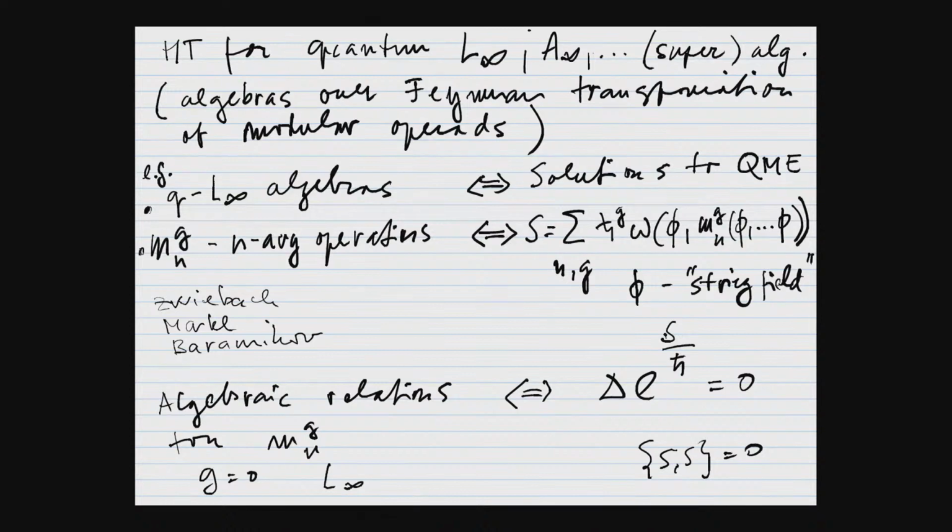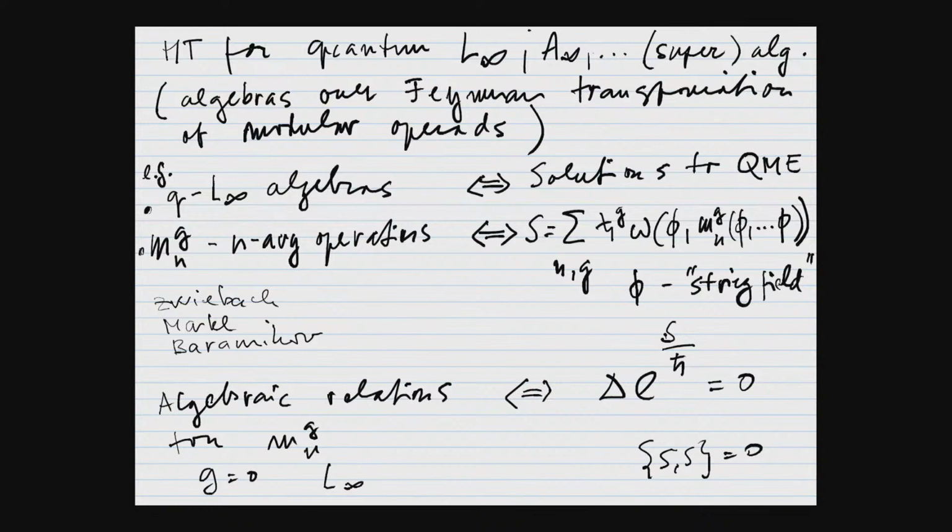So now we know, well, actually, I should maybe comment a little bit on this. If I write the master equation this way, I need a bit more structure in general.